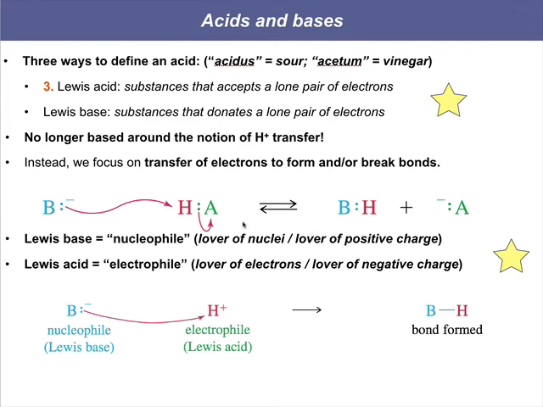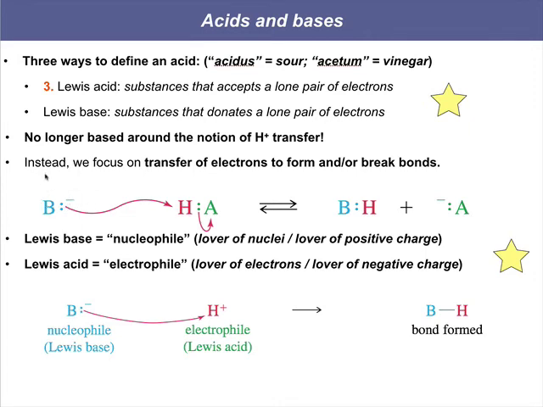Now, back to this terminology that we've seen before. A Lewis base having excess electrons and having a negative charge. I say excess because it wants to get rid of them. The reason that a molecule would ever act as a Lewis base is if it wants to get rid of its electrons, if it has excess electrons.